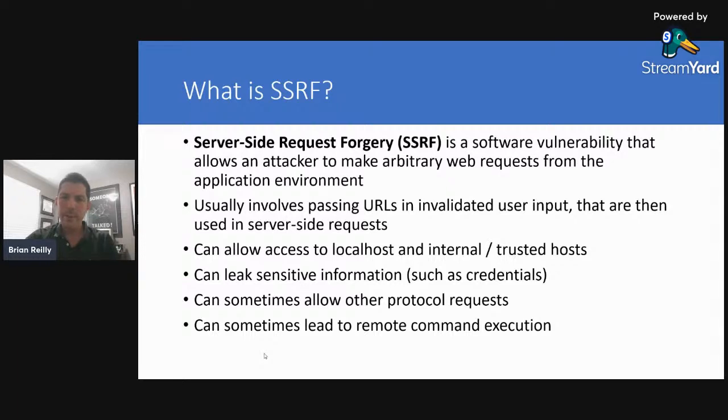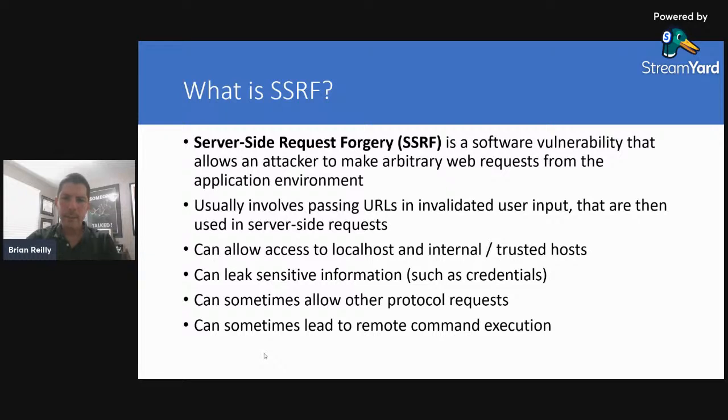They may be able to connect to internal hosts, or they may be able to connect to trusted hosts that the application server can connect to, but they can't connect to directly. A lot of times, these attacks can lead to leaking sensitive information, things like API keys, credentials, or other things that you certainly wouldn't want to get out.